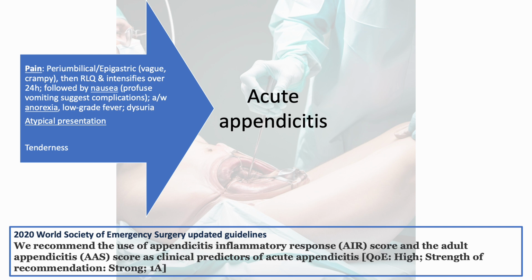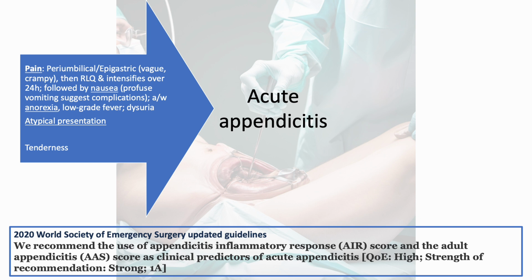Nausea is very common. If the patient has profuse vomiting, it suggests complications like perforation, for example, especially in patients with risk factors like elderly or very young. Commonly associated with anorexia. Some textbooks describe anorexia as being present in almost 100% of cases. Acute abdomen without anorexia is not appendicitis. Some people say that.